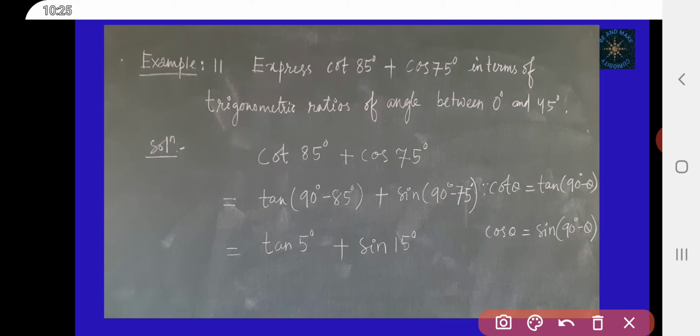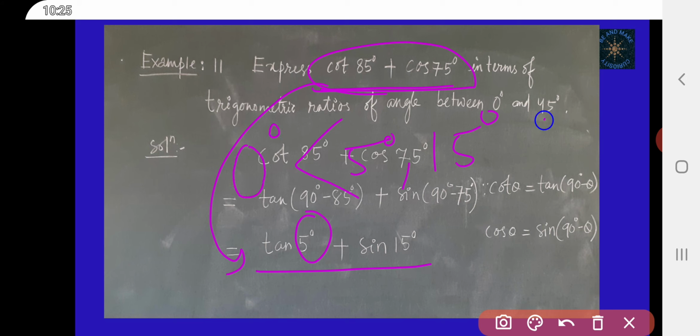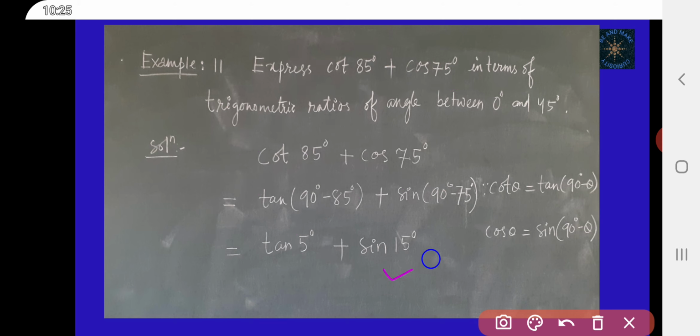So now tan of 90 degree minus 85 degree is 5 degree, and 90 degree minus 75 is 15 degree. Now you have expressed this expression in terms of tan and sin, where the angles 5 degree and 15 degree lie between 0 degree and 45 degree. Understood? So this is your answer.